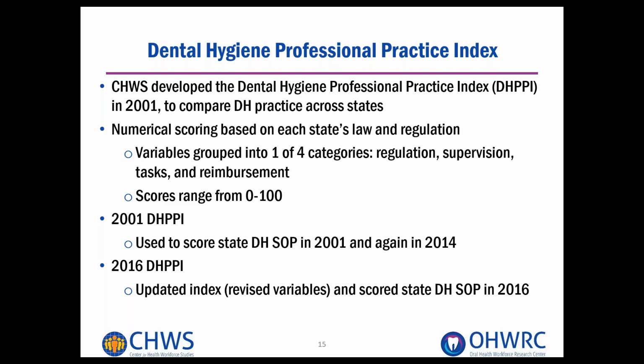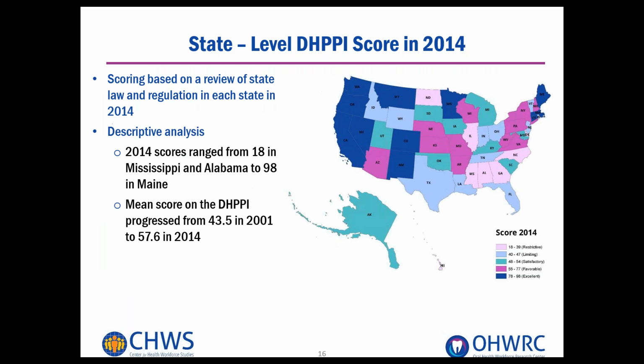So we used this 2001 DHPPI and reviewed state scope of practice laws in 2001 and again in 2014, so we could actually compare states to each other around dental hygiene scope of practice. And then we actually updated the index in 2016 and scored state dental hygiene scope of practice in 2016 as well. Next slide, please.